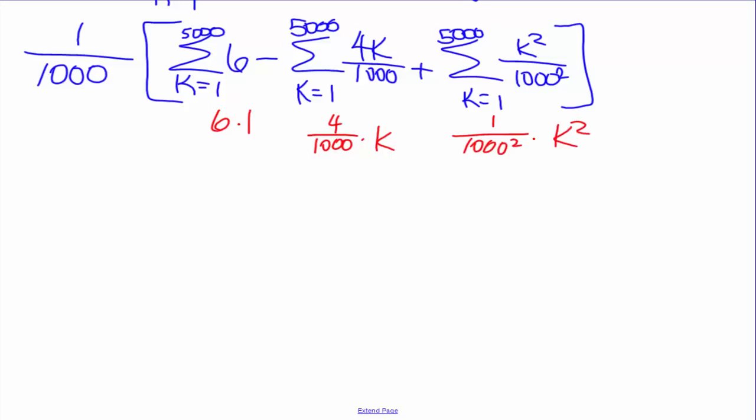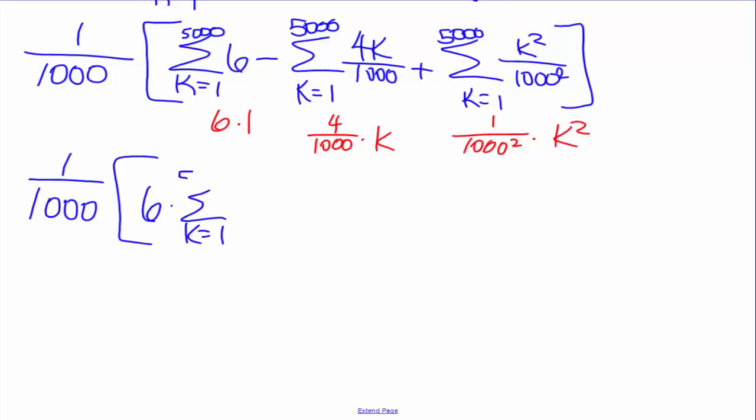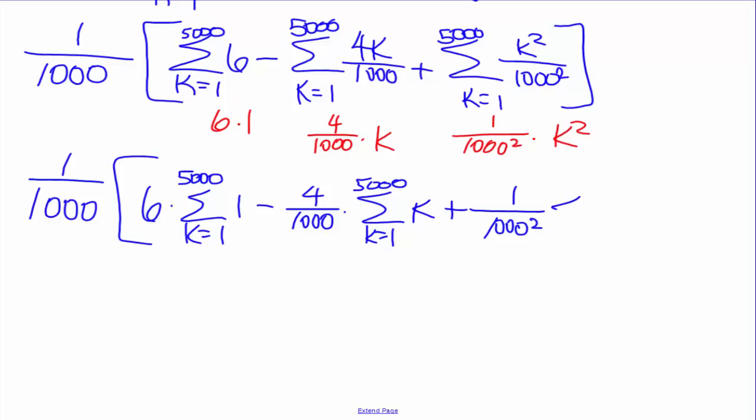So now I can pull those fractions right out front, and I have my 1 over 1,000 big out front, and then I have 6 times the sum k goes from 1 to 5,000 of 1, minus 4 over 1,000 times the sum k goes from 1 to 5,000 of k, plus 1 over 1,000 squared times the sum k goes from 1 to 5,000 of k squared. How are we doing so far?